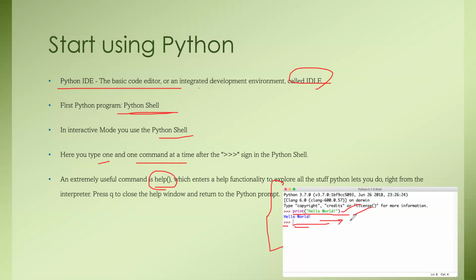It will give you the complete information about this IDLE, how to execute the commands, what commands you can execute, and what parameters you can pass to those commands. It's just like a help feature. Once the process completes, if you want to exit from the screen, just press Q to close that and return to the Python prompt.